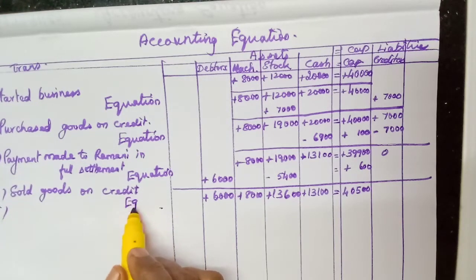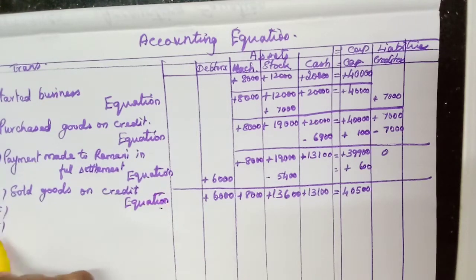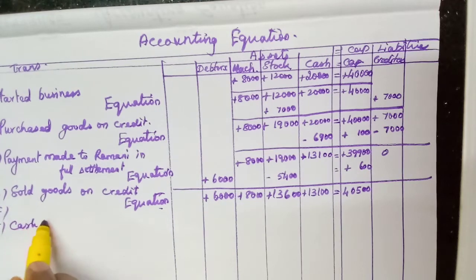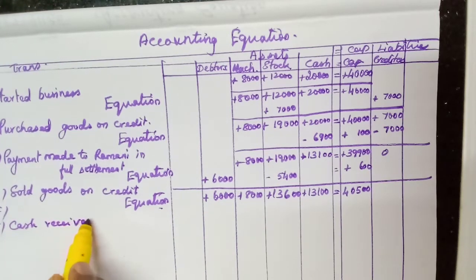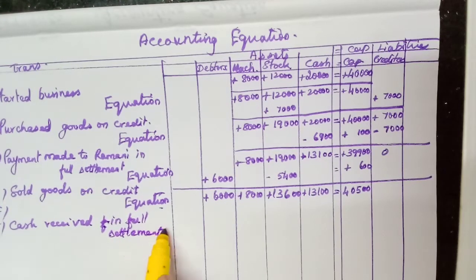Here we have to write the equation. Okay, then next transaction, received from Rajan in full settlement. Then write cash received from Rajan. Who is Rajan?